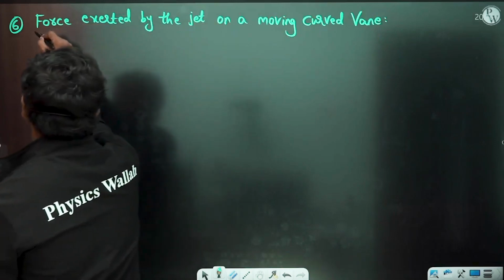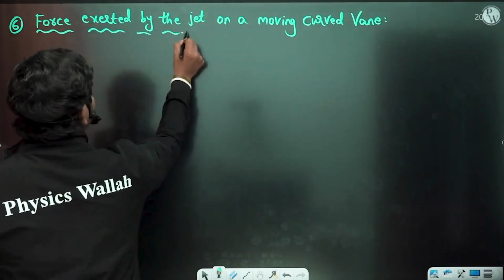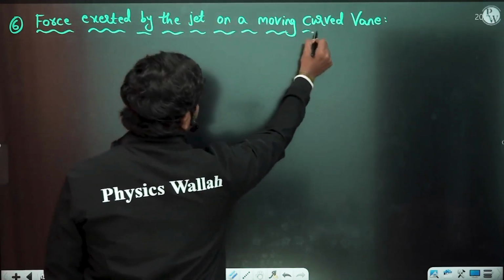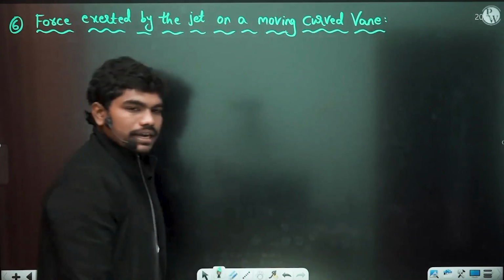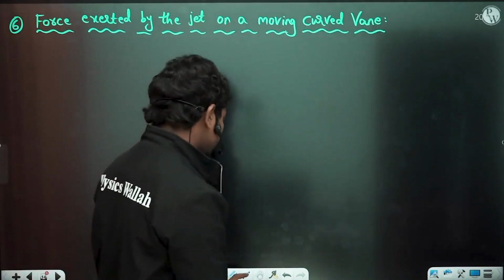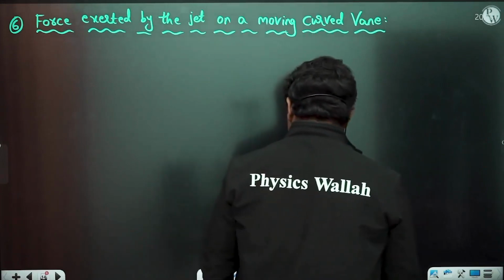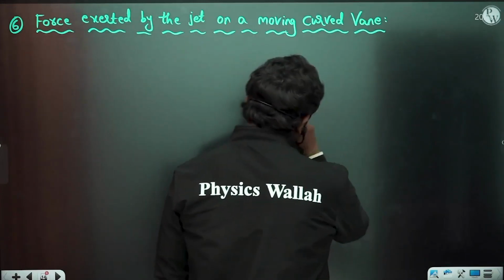Once you know the linear momentum equation, all these things are simple. Just writing the velocity components a little carefully can give you the correct answers. Now everything is the same, the only thing is this vane is moving.